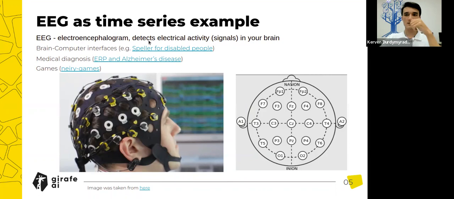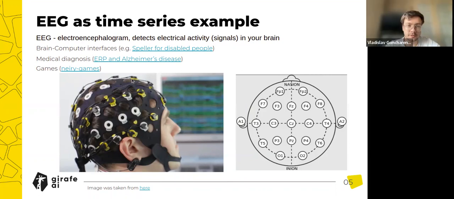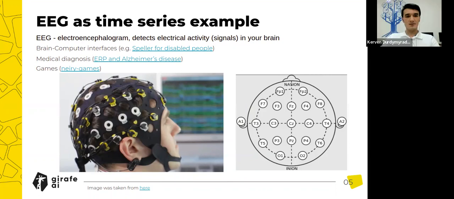On the screen. Okay, thank you. There are some methods to take the signals. For example, in the right picture, it is called the 10-20 international format of taking the signals. We put electrodes at these points, these channels, and we take the signals from these points with these electrodes.